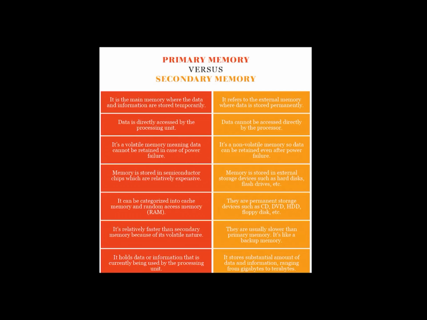Secondary memory is usually slower than primary memory, but it's like a backup memory where the data is never lost. And finally, primary memory holds data or information that is currently being used by the processing unit, while secondary memory stores substantial amounts of data and information ranging from gigabytes to terabytes.